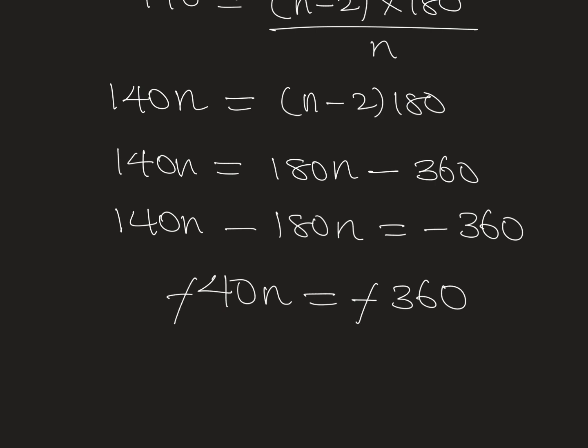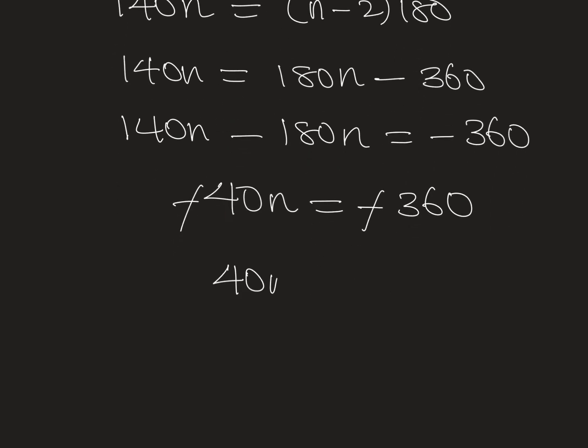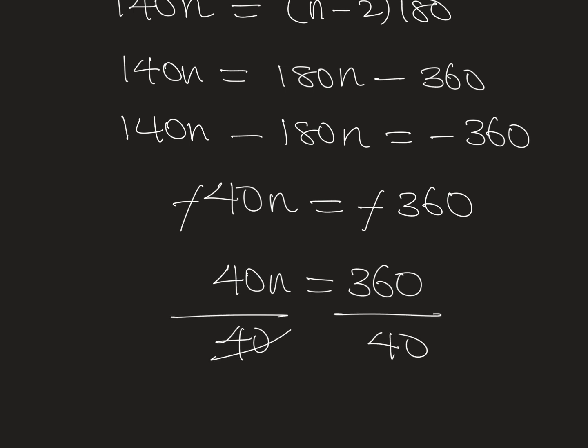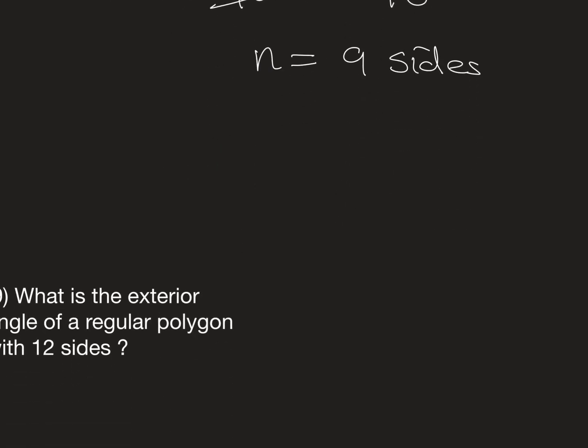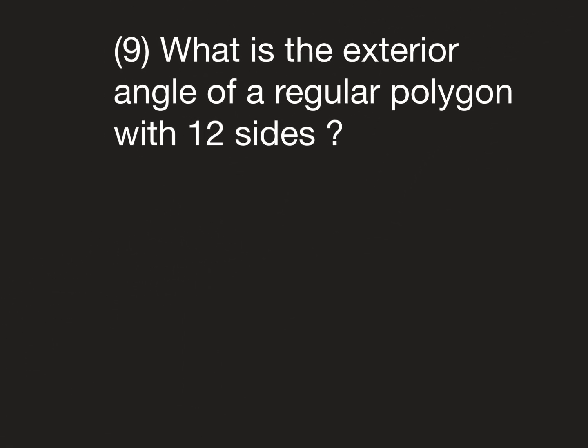Negative signs will cancel. So 40n is equal to 360. To find n, you divide both sides by 40. Okay? So therefore, n is equal to 360 divided by 40. And that is going to be 9 sides. All right. Moving on to the next question.